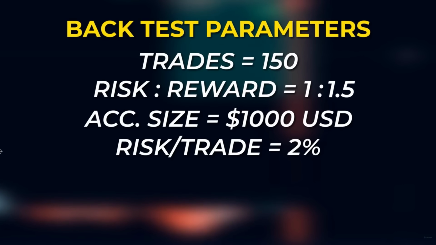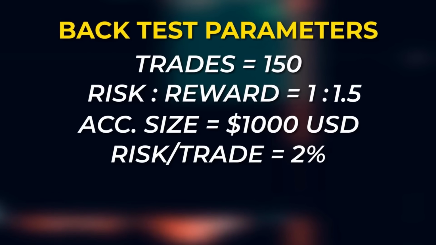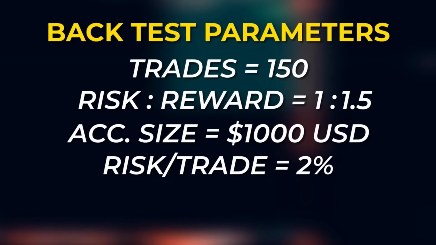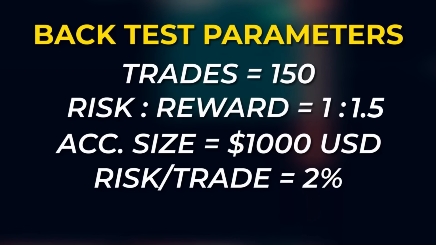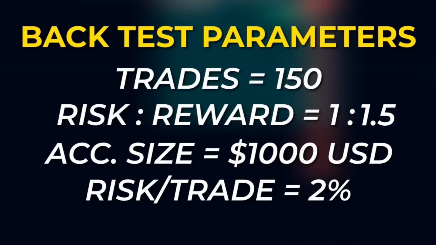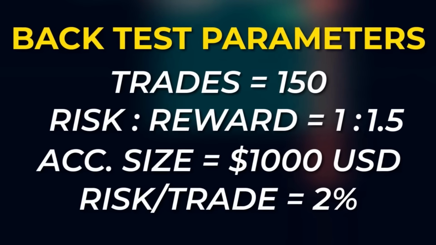Now I'm gonna backtest it 150 times using a risk to reward ratio of 1 to 1.5. The account size is gonna be set at $1,000 and we're gonna be risking 2% of that every time we take a trade.